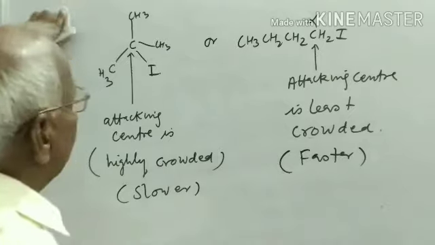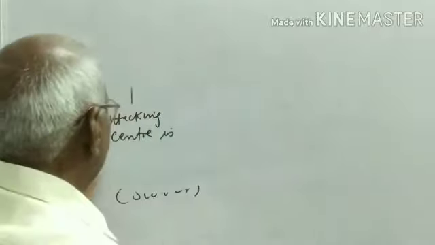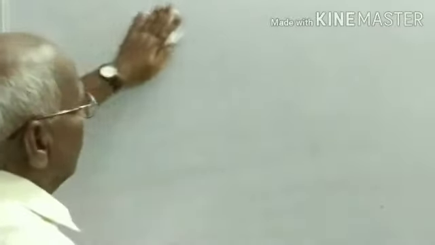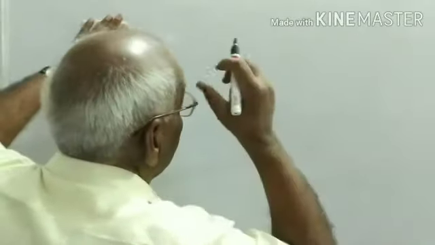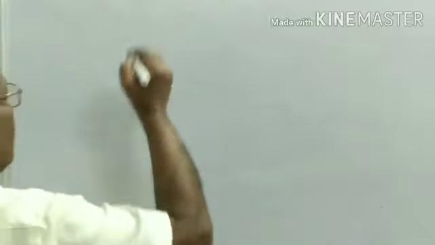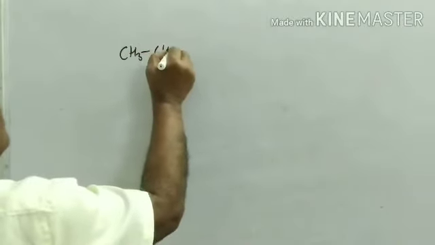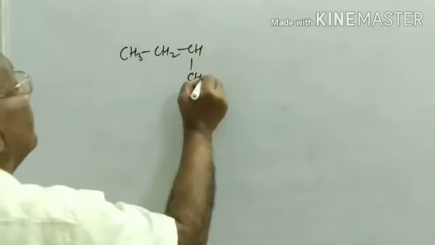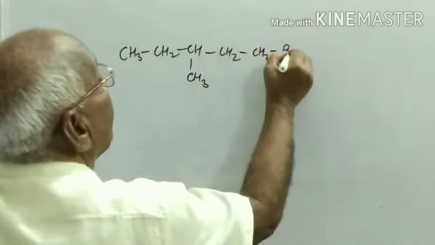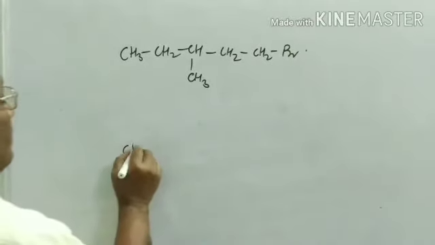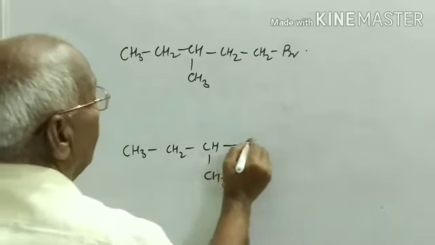One more example. Another example is CH3CH2CH2Br, and another is CH3CH2CH2CH2I.